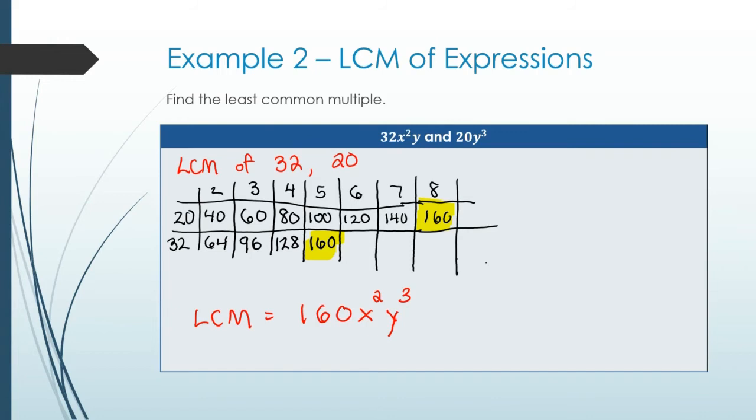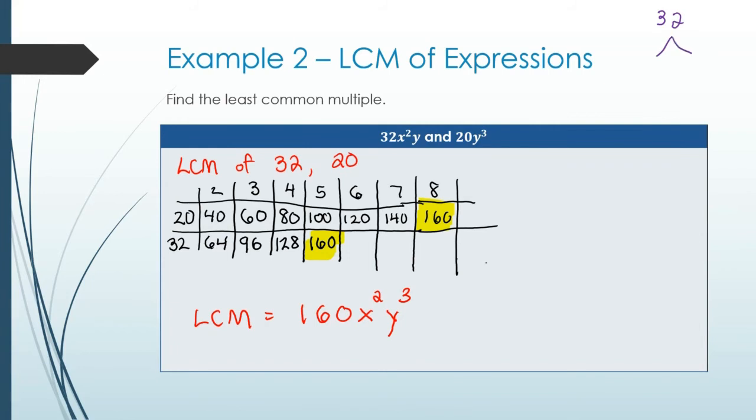Now I did say we're going to do both methods here. So I want to also do the prime factorization method to find the least common multiple of 32 and 20. I'm going to do 32 up on the top right here. Whoops, not 38. Maybe I should not plan these for Fridays.